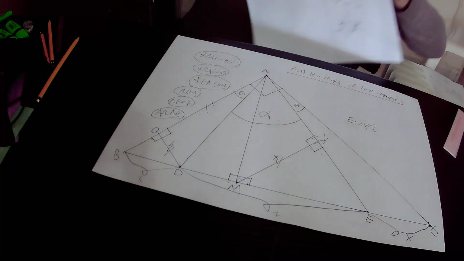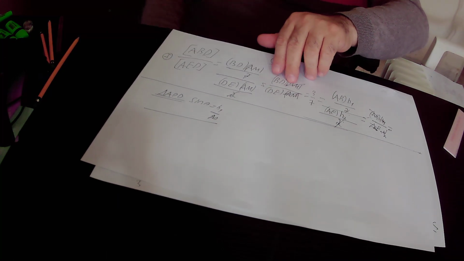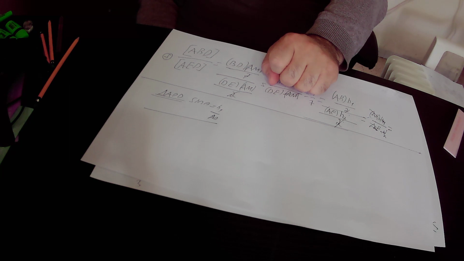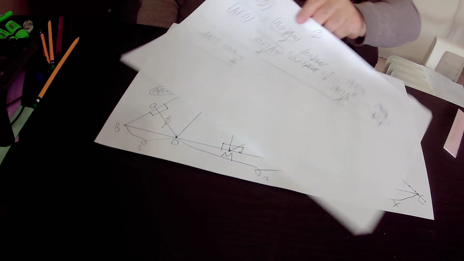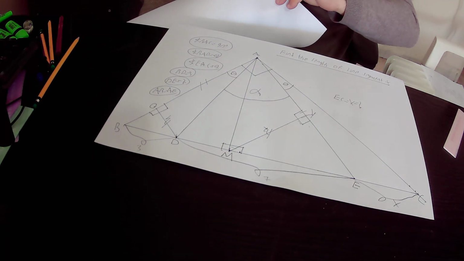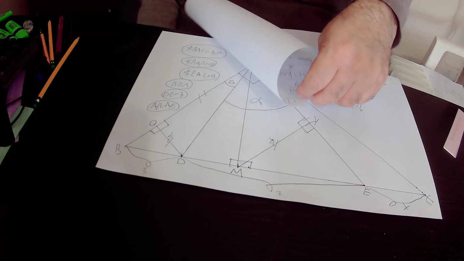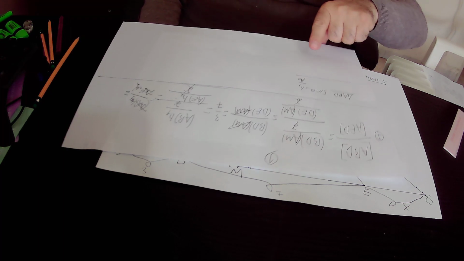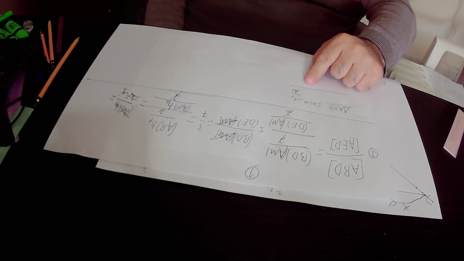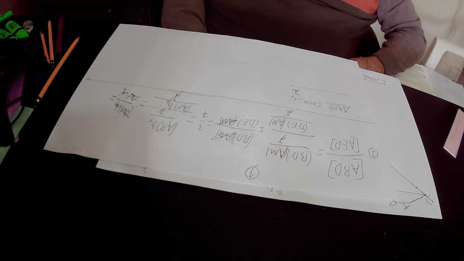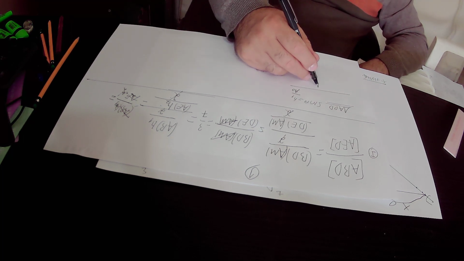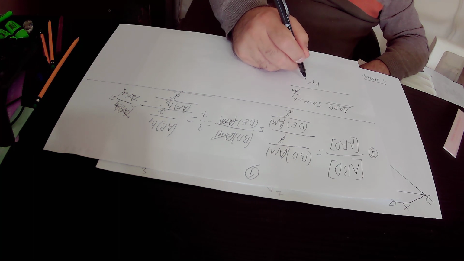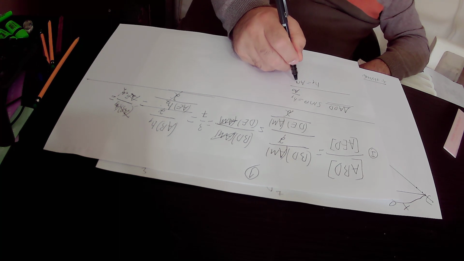So here we multiply this equation by AD, and we get that H1 is equal to AD times sine theta.